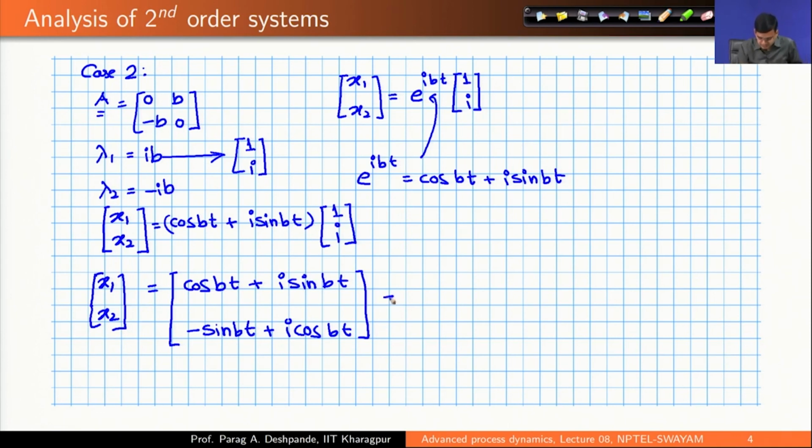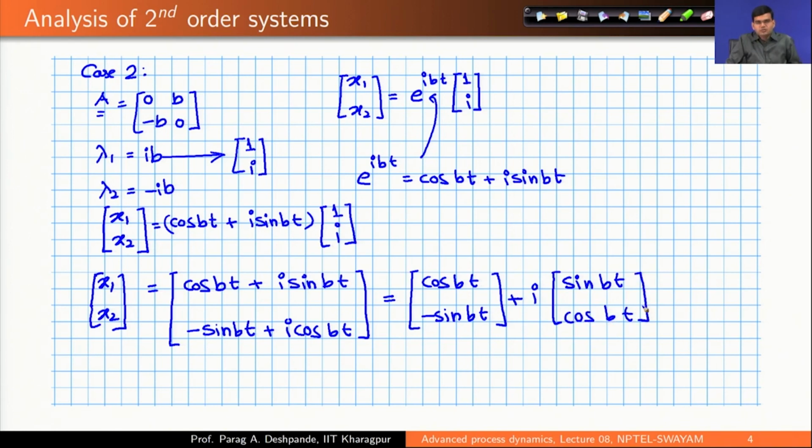I can further simplify this as [cos b t minus sin b t] plus i times [sin b t cos b t].